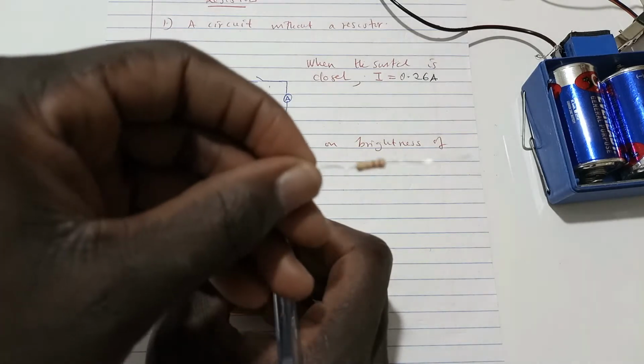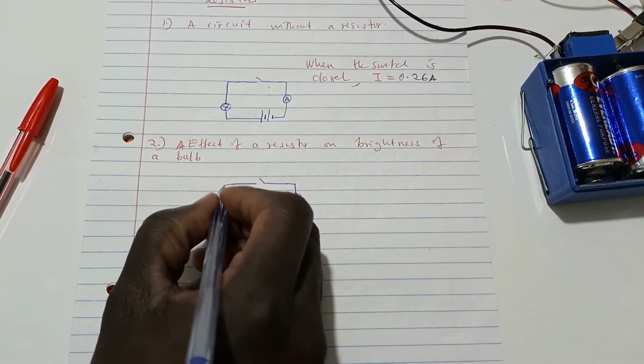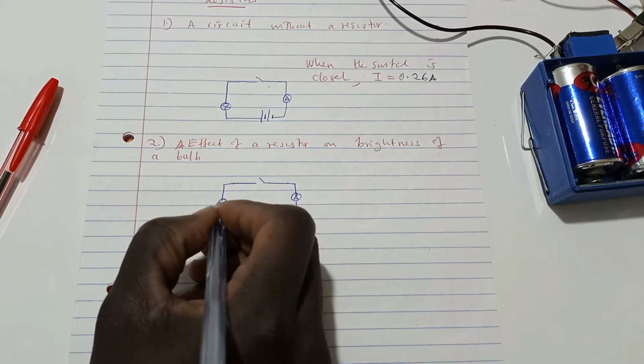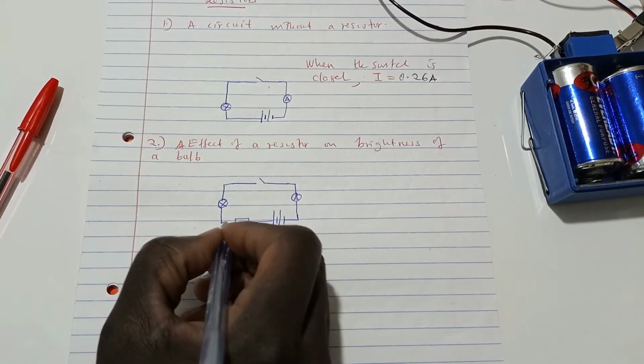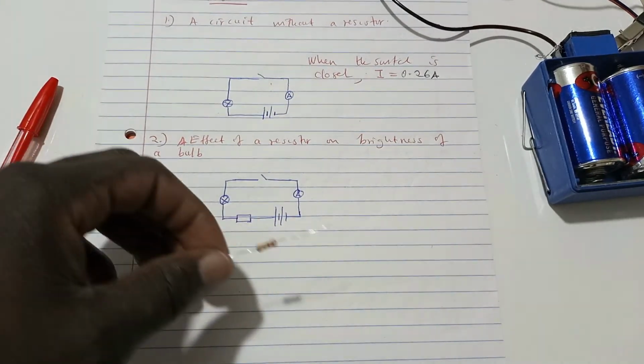Later on we're going to find out how to find its resistance. So from here we will have a bulb because we want to see its effect on the brightness. So there we go. So let's start.